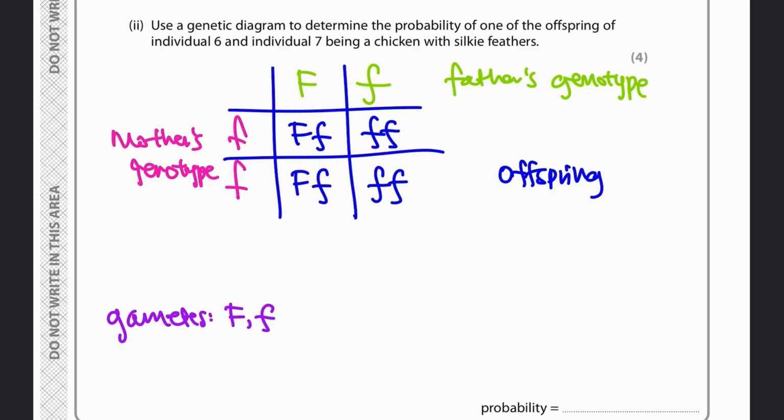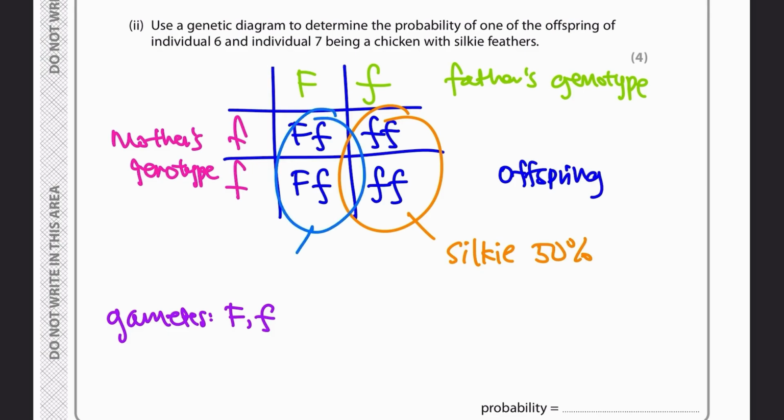And then I need to look at the percentage or the probability of the phenotype. In other words, how much percent of the baby chickens will have silky feather. Remember, silky is small f. So this bunch will have silky, and that is 50%. And then, what about this bunch? This bunch will have normal, which is 50%.